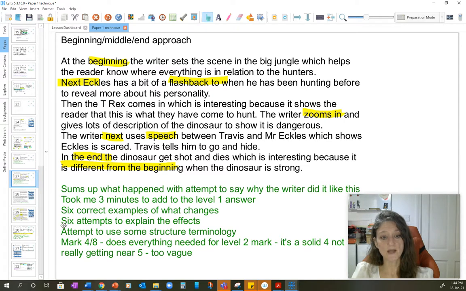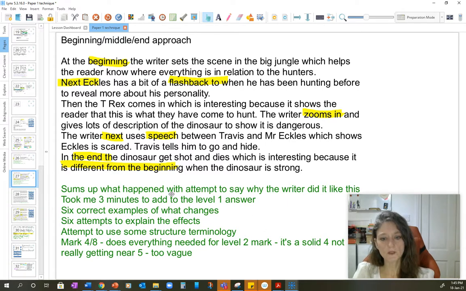I've also made, for each of those examples of what changes, an attempt to explain what the effect of that is. So I've made 6 attempts, and I've got a range of examples in there. That's really good, and I've tried to explain the effects. I've attempted to use some structure terminology, although it's better than the limited stuff on the last answer, it's still quite basic.